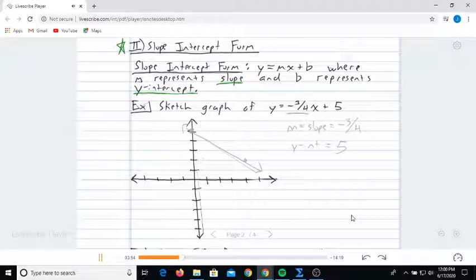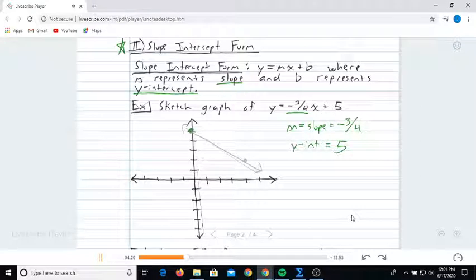So let's go ahead and do this example. So if we look at this, the coefficient of the x is slope. So we know the slope, which is represented by the letter m, is negative 3/4. So I know this line is decreasing because it's negative. And the y-intercept is 5. So I can start with the y-intercept, 1, 2, 3, 4, 5, and mark it.